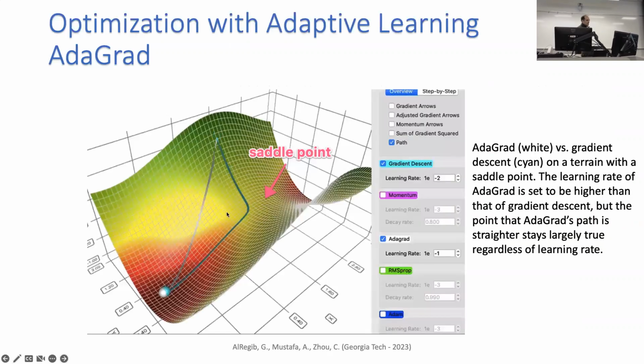Here is another example from the same visualization. Again, the gray one is the AdaGrad, or the adaptive gradient. This is the global minimum for this space, and now you have this saddle point, but the curvature here is steeper. The classical gradient descent goes this way and then that way.